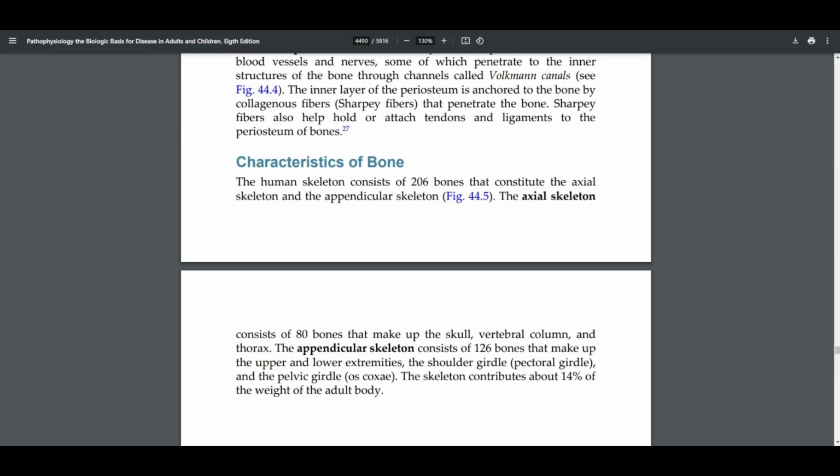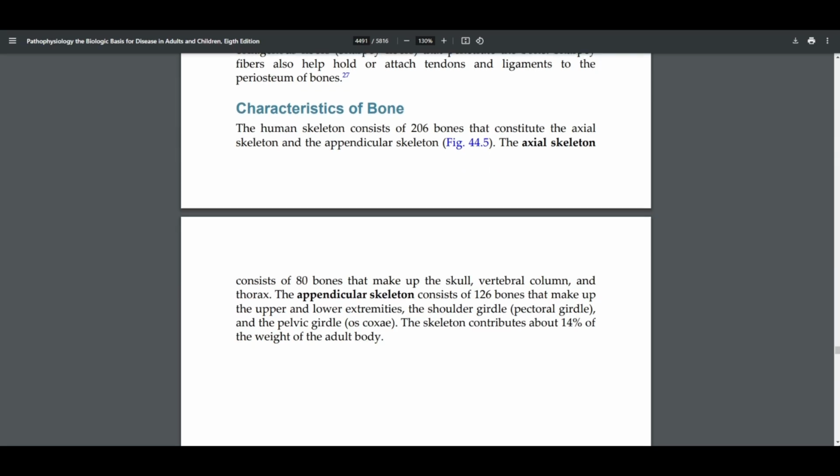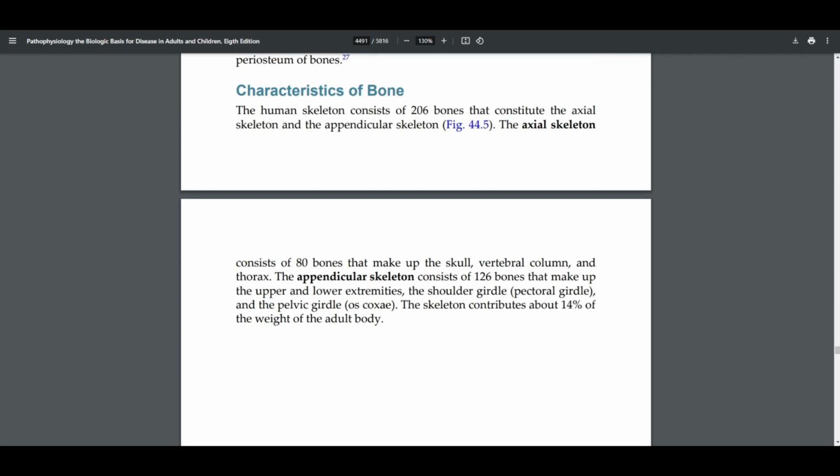So, characteristics of bone. The human skeleton consists of how many bones? 206. That constitute the axial skeleton and the appendicular skeleton. The axial skeleton consists of 80 bones that make up the skull, vertebral column, and thorax. The appendicular skeleton consists of 126 bones that make up the upper and lower extremities, the shoulder girdle, and the pelvic girdle.